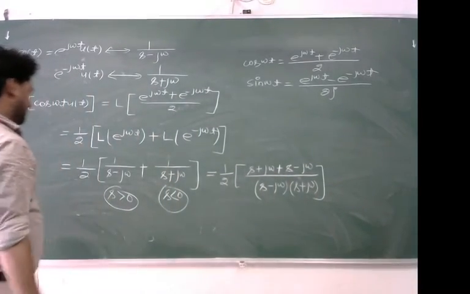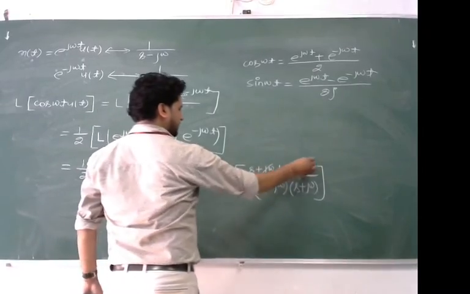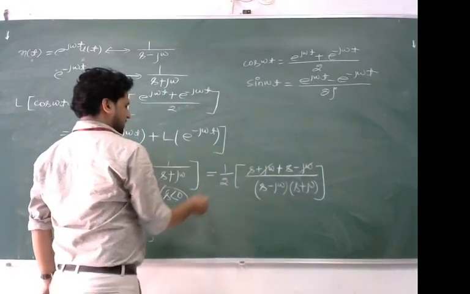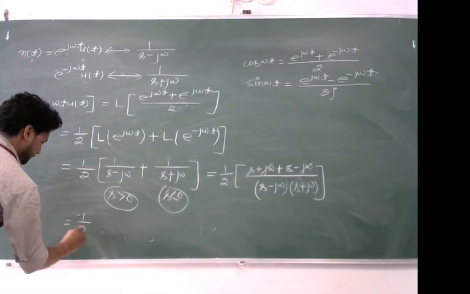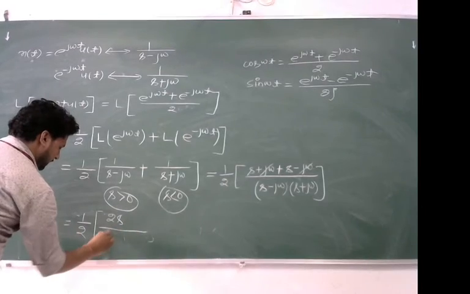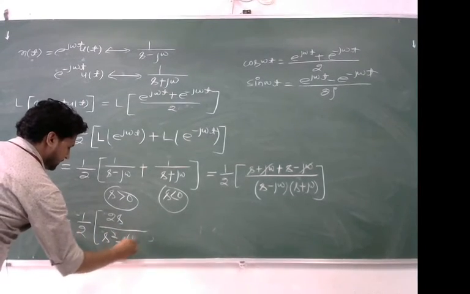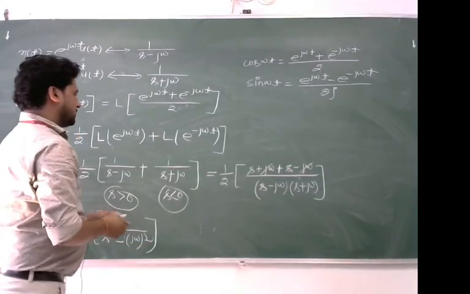Further, this can be simplified as this j omega and this minus j omega will get cancelled. This will become 1 by 2 into 2s upon s square minus j omega whole square.